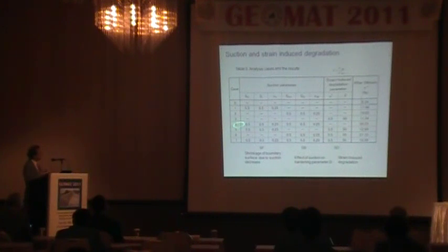And cases 4, 5, 6 are combinations. The final one is to consider all of them. But we can see the maximum after 1 day, we observe the maximum shear strain is for case 6. But I think with the consideration of the degradation, we can observe the larger value of the accumulated shear strain.